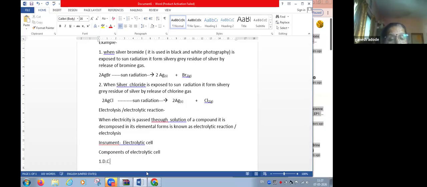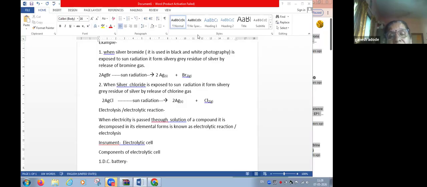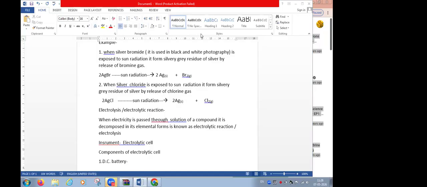Why is a DC battery used? Does anyone have the answer? Not even a query from anyone? Tell me, what is a DC battery? Dry cell? Yes, dry cell.